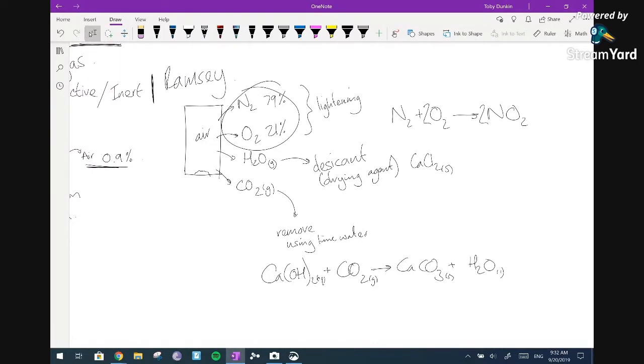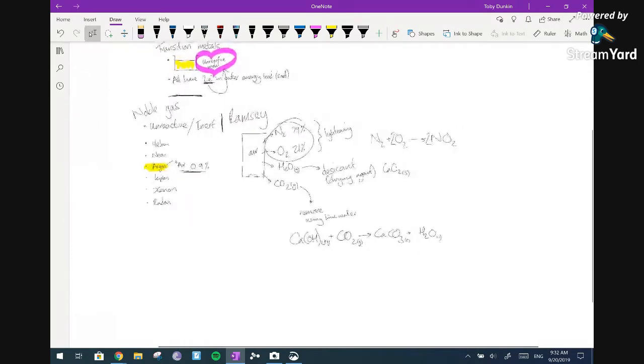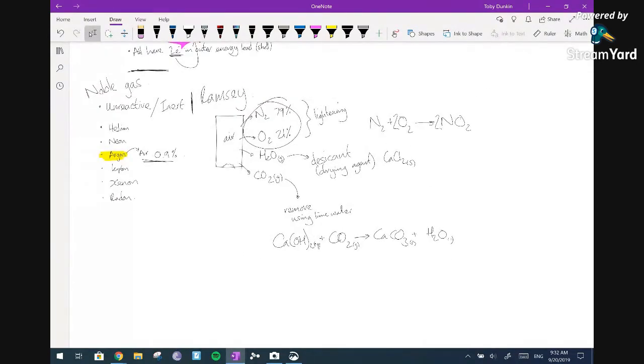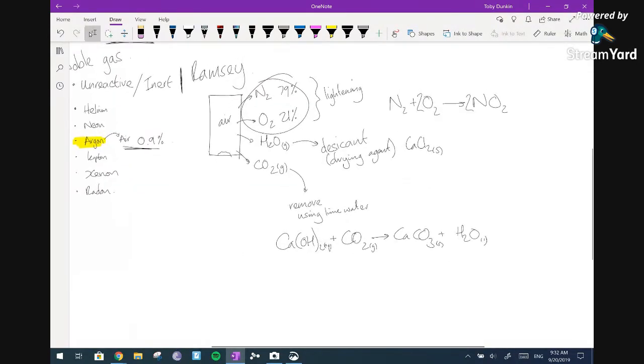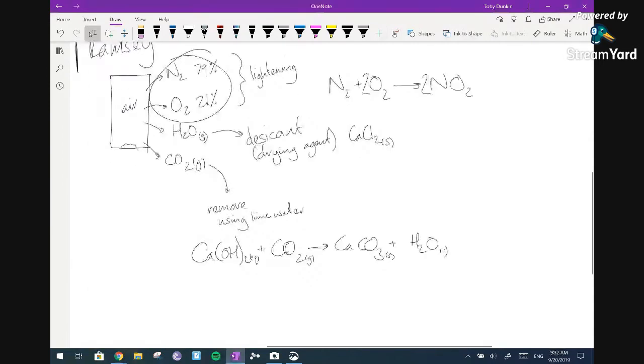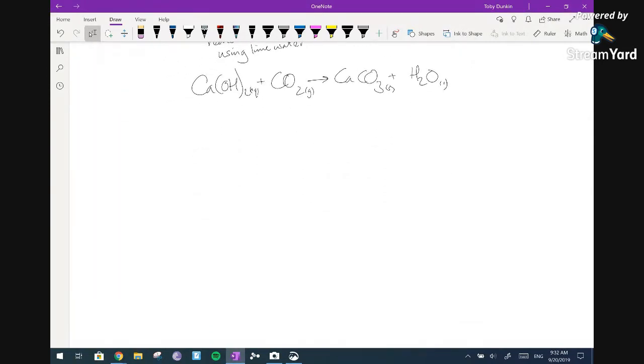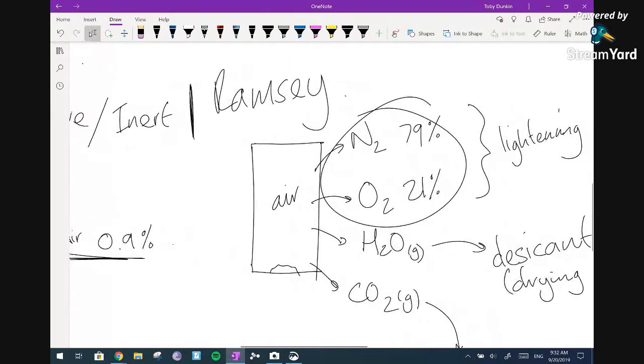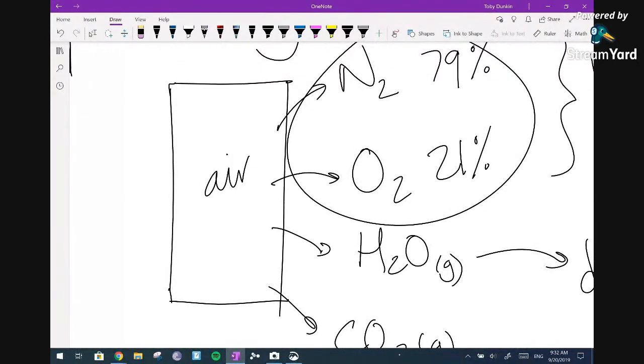Now, I know this seems awfully tiresome that I'm doing this, but there's great chemistry in all of this. After all of this process that Ramsay did, he discovered there was still a gas present. In his jar, after everything had been removed, there was still a tiny amount of gas left over.